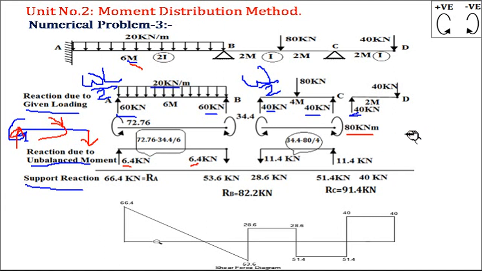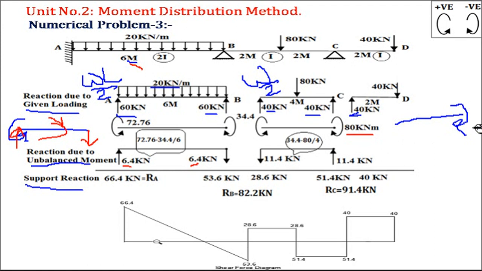Now here we have to find out the unbalanced moment. Okay, now this is the beam. If you compare these two, here 80 kilonewton meter value is more, so the unbalanced moment will act in clockwise direction. So that unbalanced moment will be 34.4 minus 80.